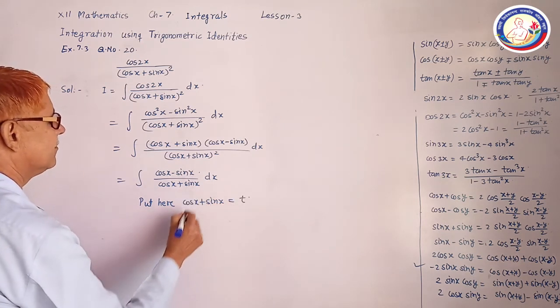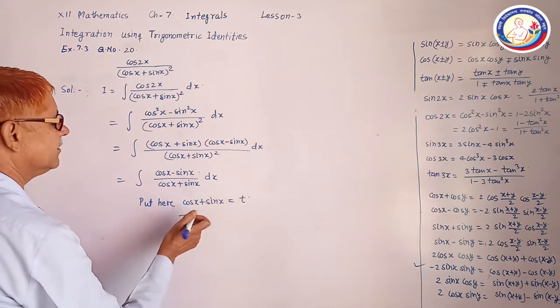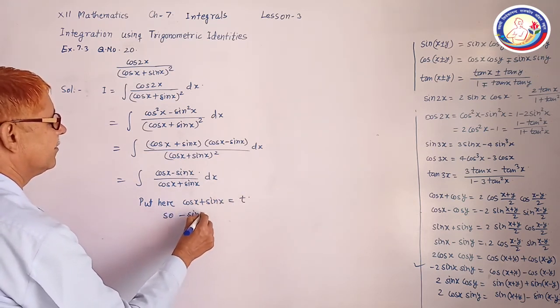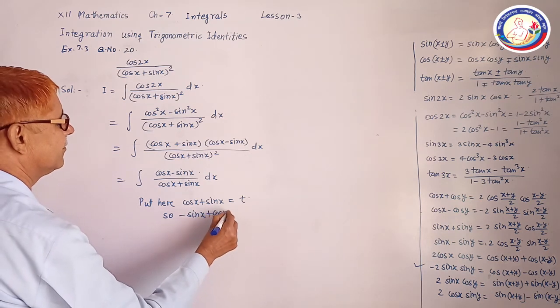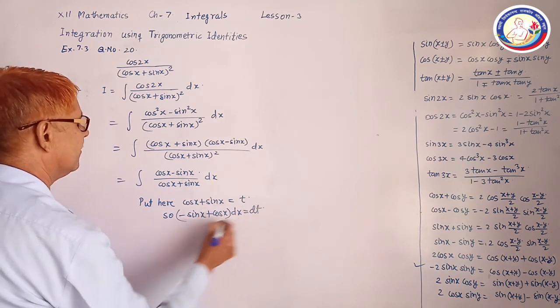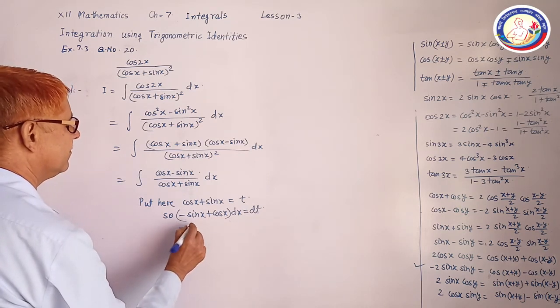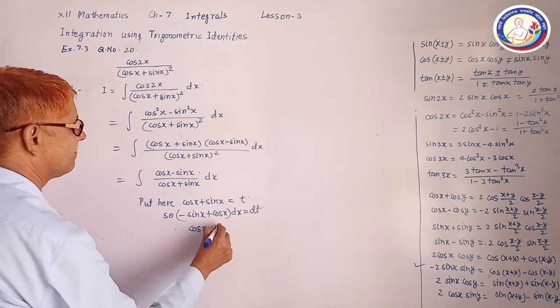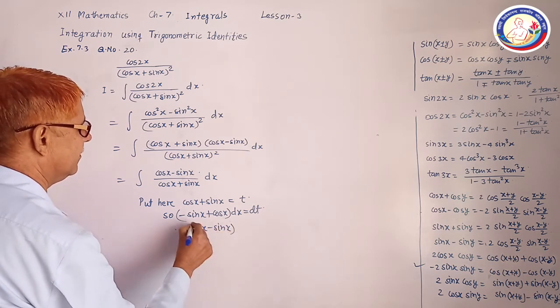So we shall have, differentiating this, minus sin x plus cos x into dx equal to dt, or minus of cos x minus sin x dx equal to dt.